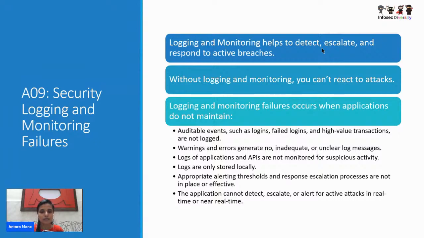Appropriate alerting thresholds and response escalation processes are not in place or effectively managed by organizations. The application cannot detect, escalate, or alert for active attacks in real time or near real time.